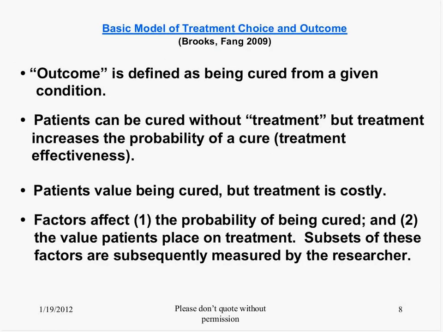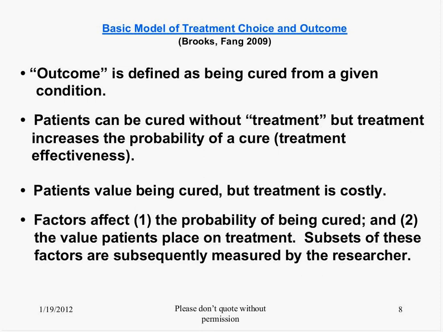We went back to a model from a paper by myself and Don Fang at the University of North Carolina, where we did some simulation models to look at how to interpret various estimates out there when there was heterogeneity in treatment choice. But we took that model and simplified it dramatically.